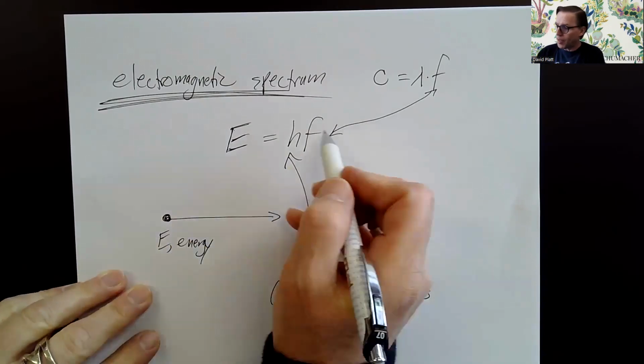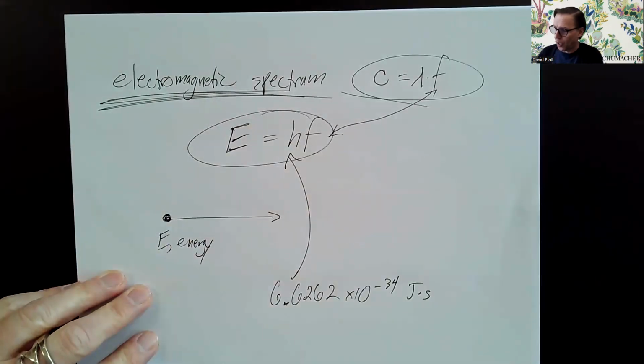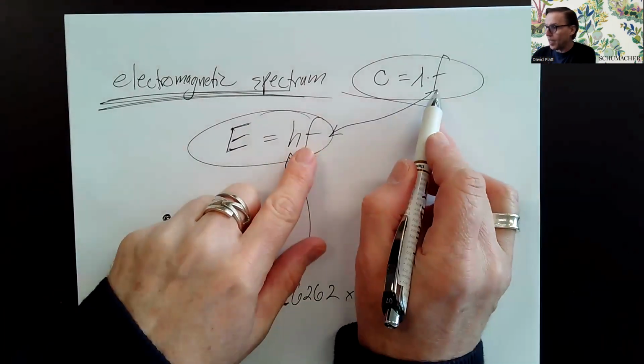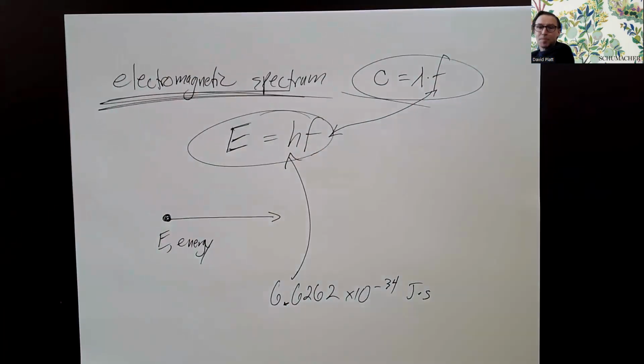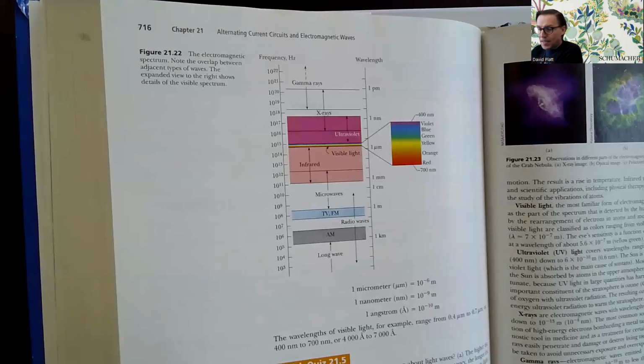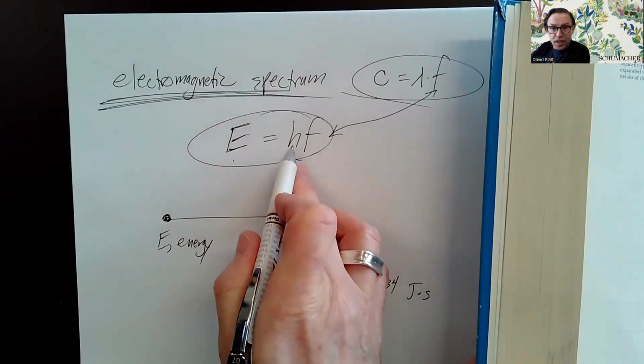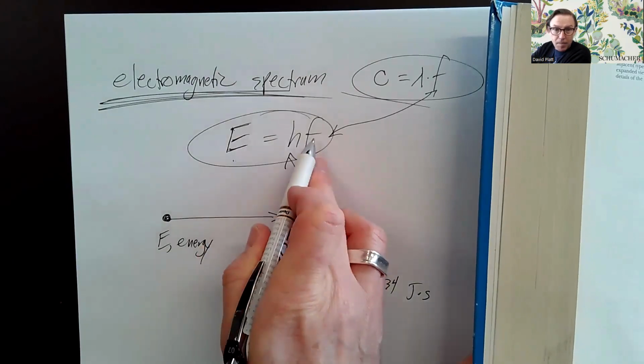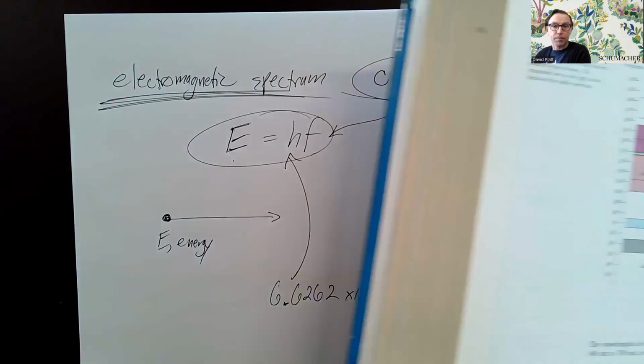So I wanted to talk about these two equations together, just because they both talk about light and the frequency of the light. And what that ends up telling us, if E equals HF and H is a constant, that means if F is bigger, E is bigger. And if F is smaller, E is smaller.